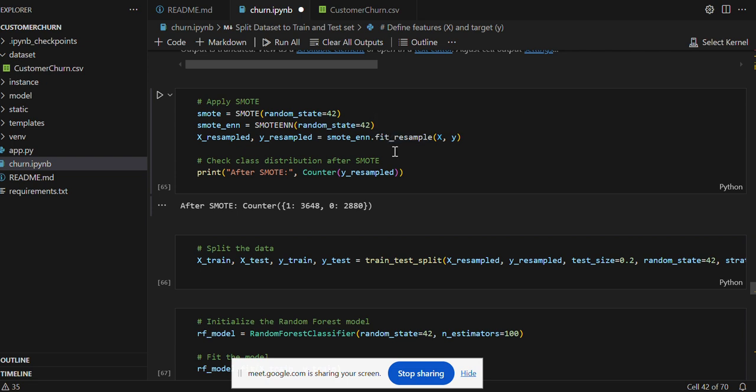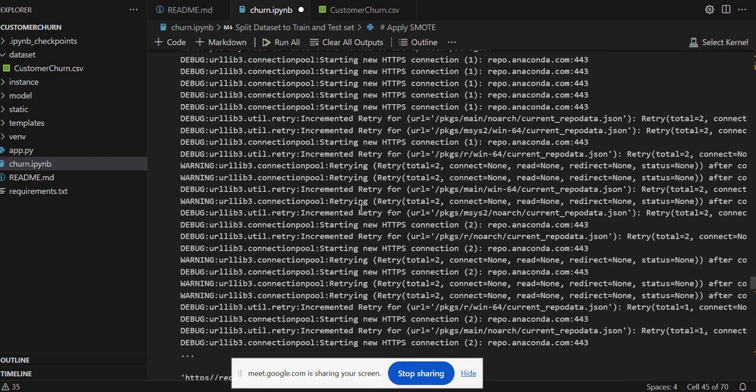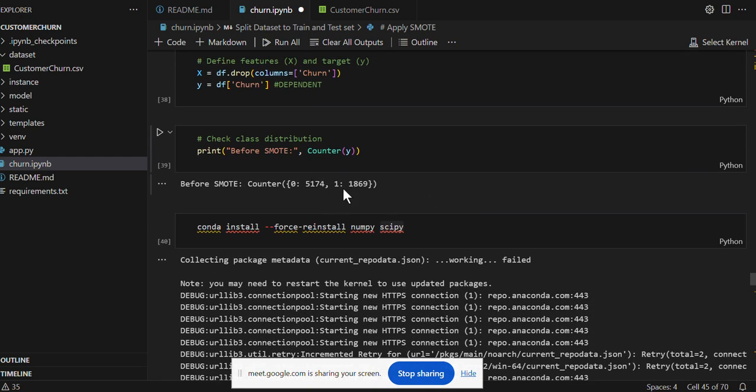After applying SMOTE ENN, you pass the X and Y to it. So you fit it with the X and Y that you divided. Then you get new samples, X resampled and Y resampled. Can you see what SMOTE ENN does? Before, the class of 0 is higher, 5,000 plus.